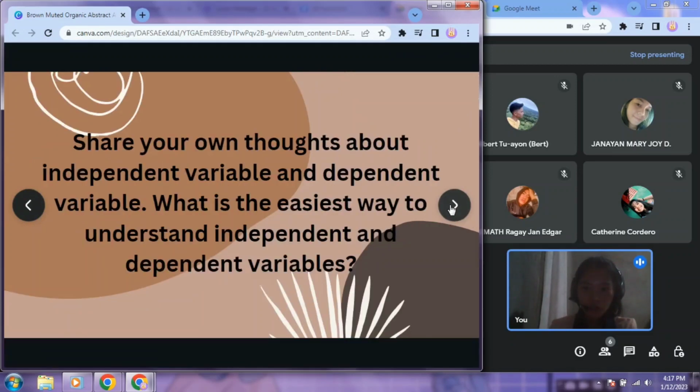For now, let us share your own thoughts about the independent variable and dependent variable, and what is the easiest way to understand independent and dependent variables.